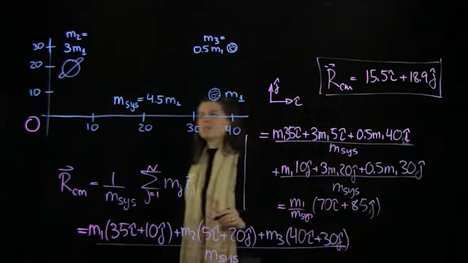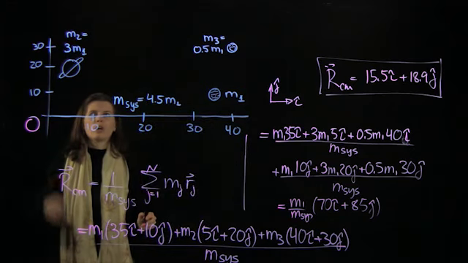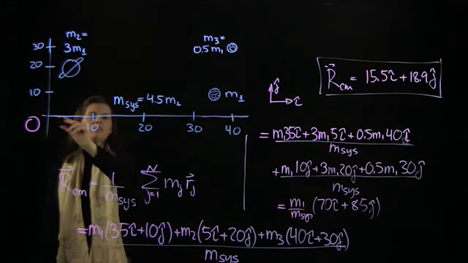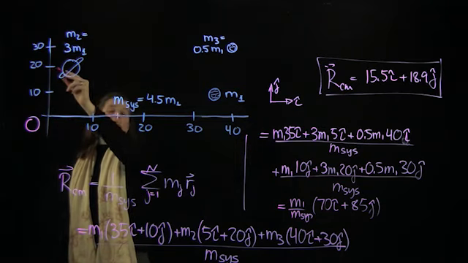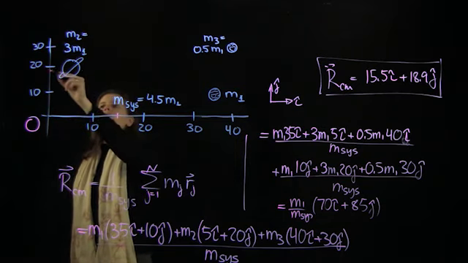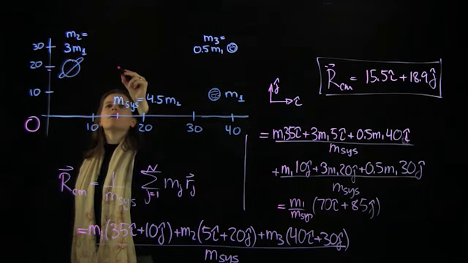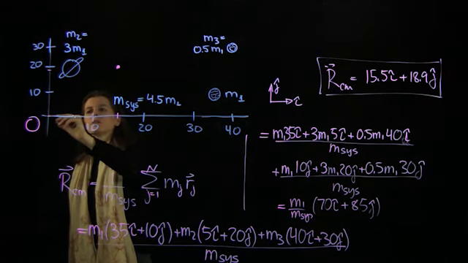All right, so let's see where this fits on our graph here. So 15 in the I hat is somewhere here, and 19 is almost 20, so it's going to be here. So about there.